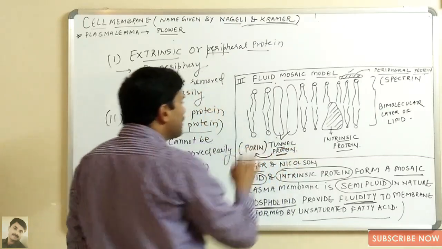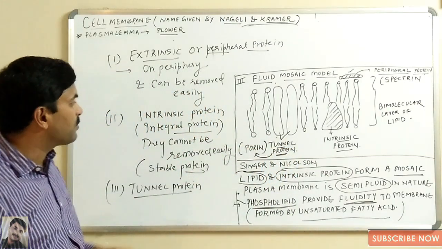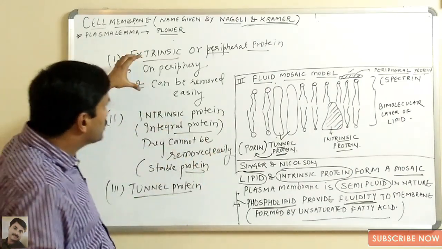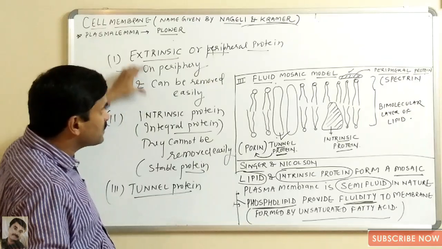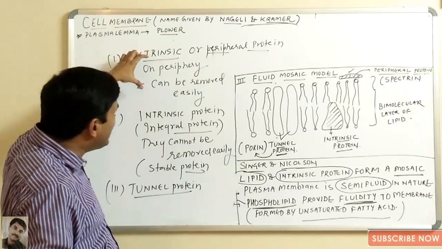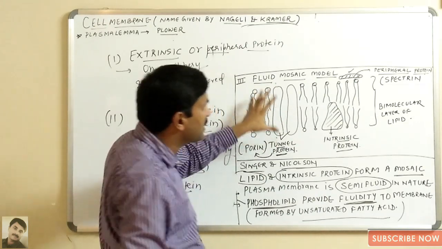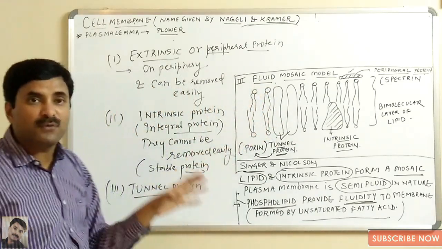An example is the porin protein. So this is the arrangement of the proteins. These three types of proteins are arranged in the bimolecular layer of the phospholipid.